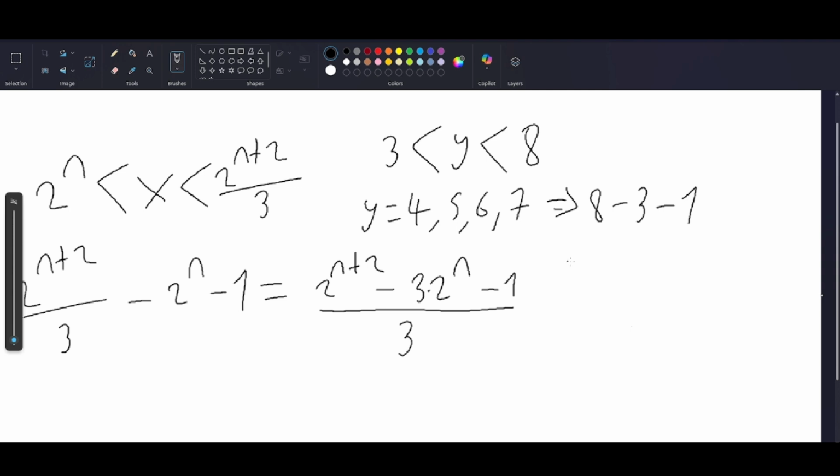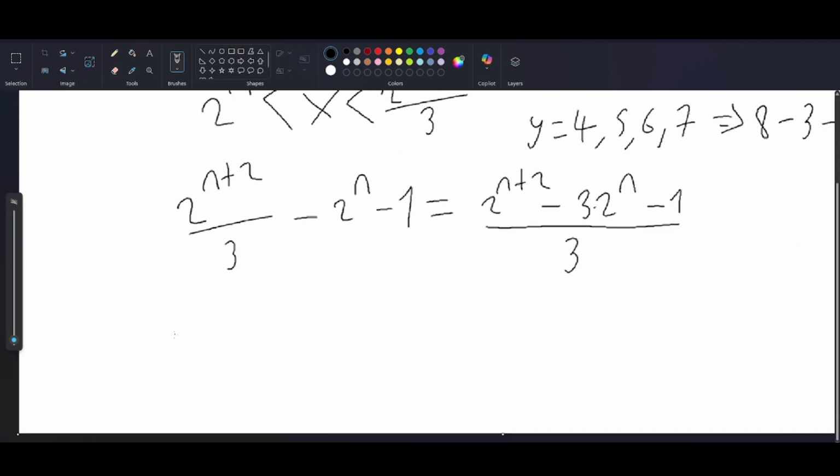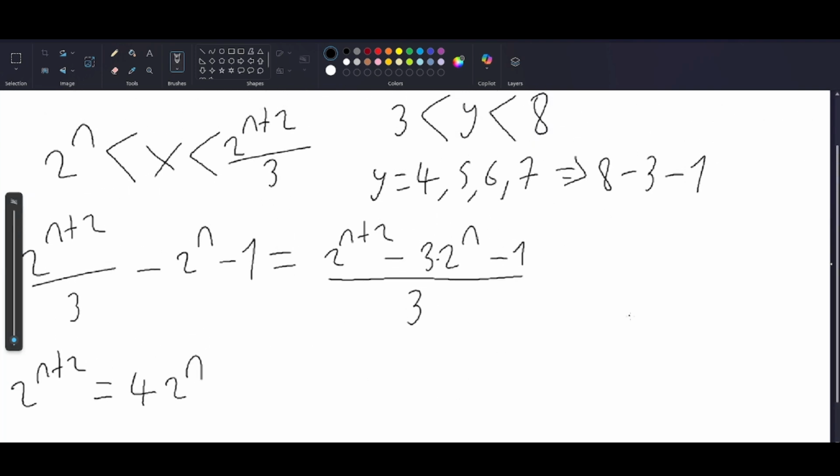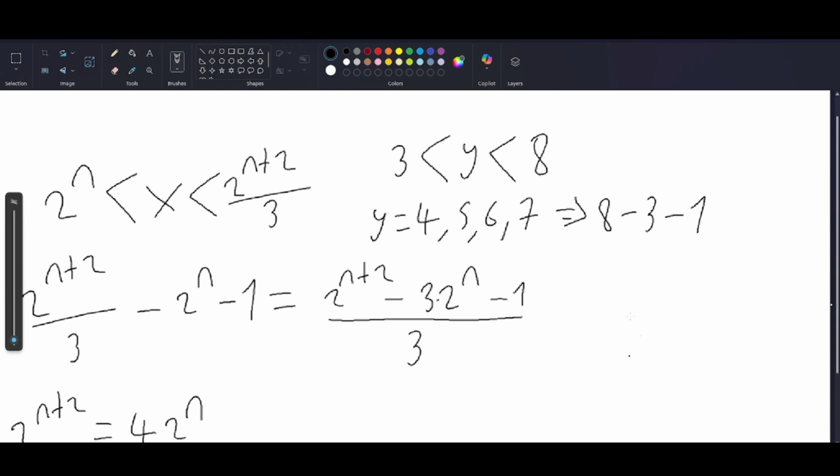So realize that 2 to the n plus 2 equals 4 multiplied by 2 to the n, because 4 is equal to 2 to the 2, and we multiplied by 2 to the n to get 2 to the n plus 2.